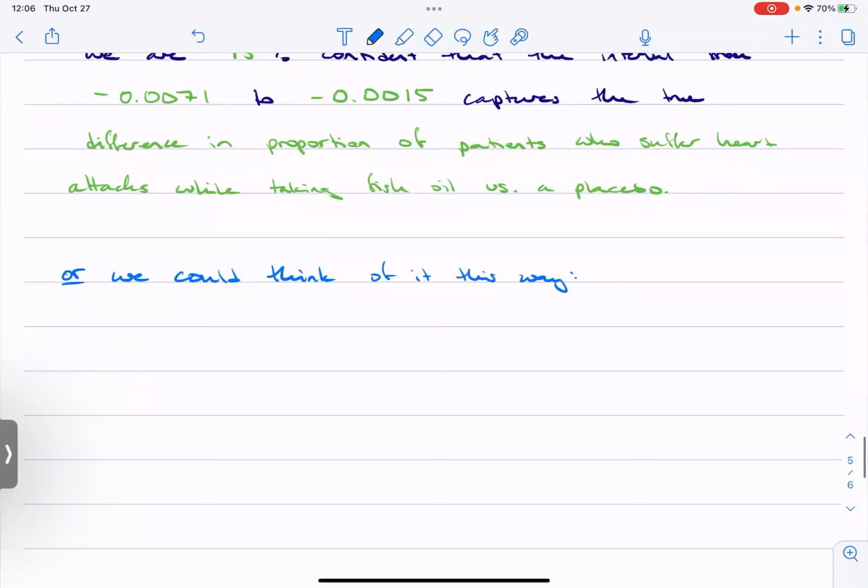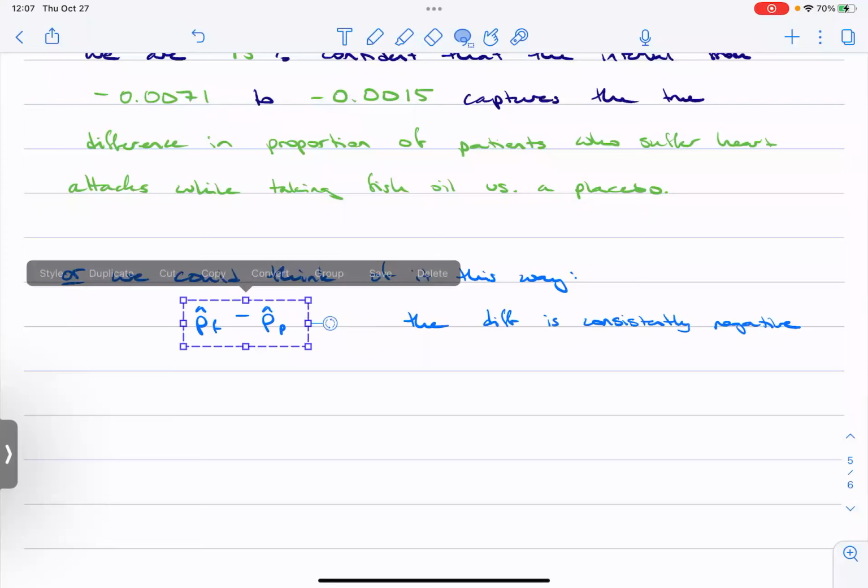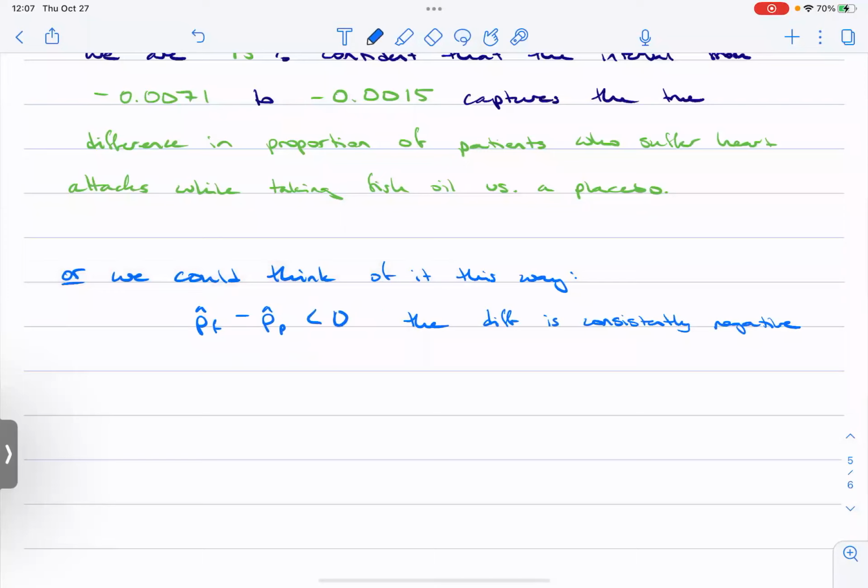If we think about how we got that difference of proportions, p hat f minus p hat p, this difference, even in the interval, is consistently negative. So what I could do is I could say, okay, this difference is less than 0, and we saw that on the number line.